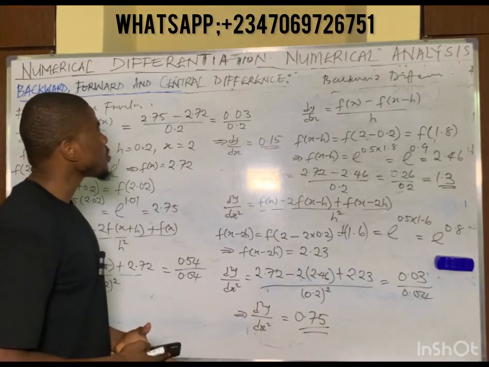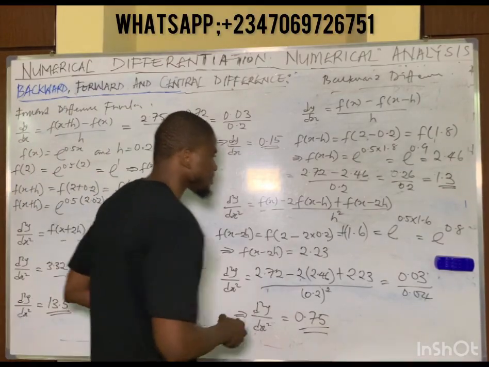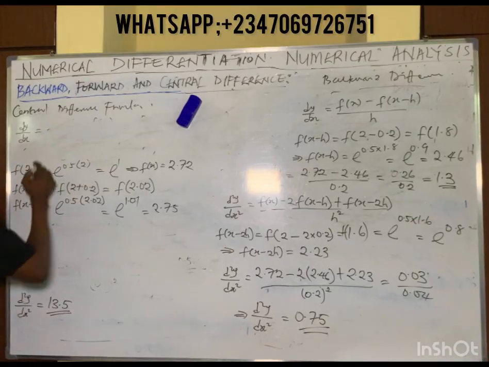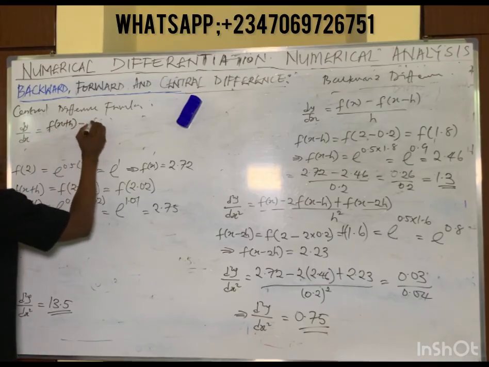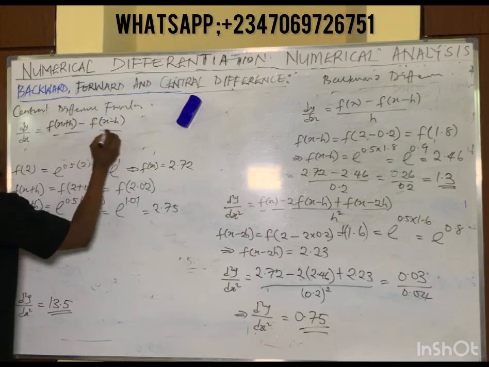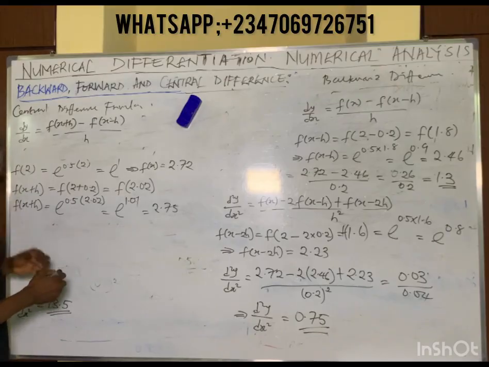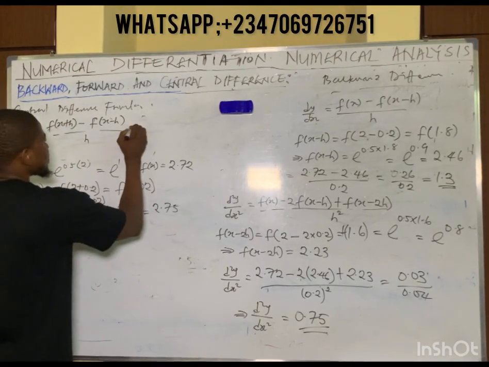So finally, we move on to the central difference method. For the central difference method, the formula for the first derivative is simply f of x plus h minus f of x minus h all over 2h.